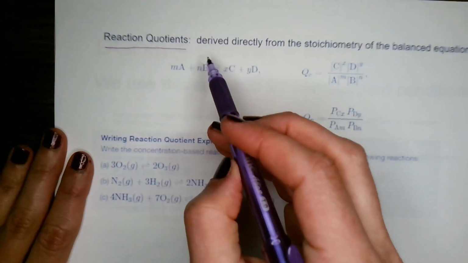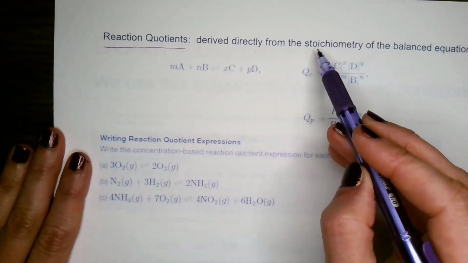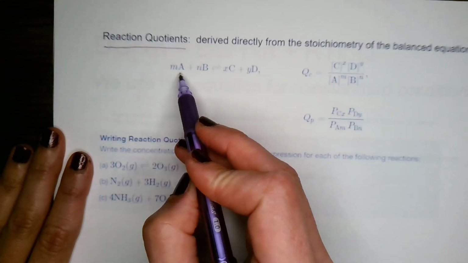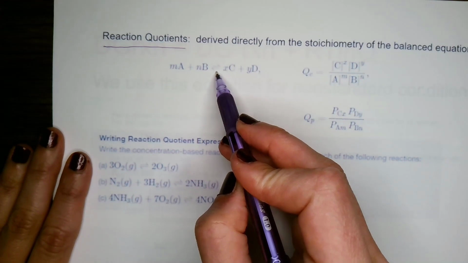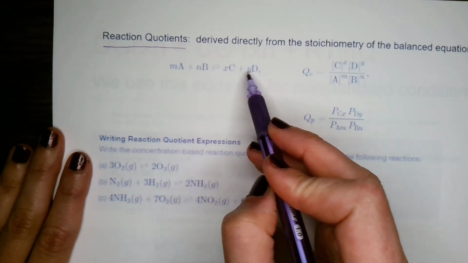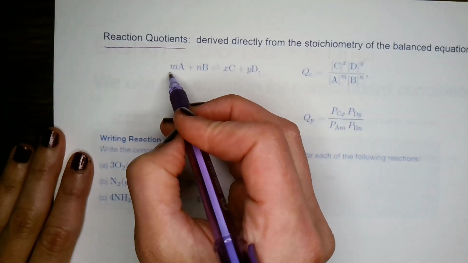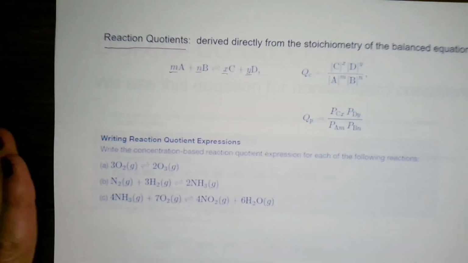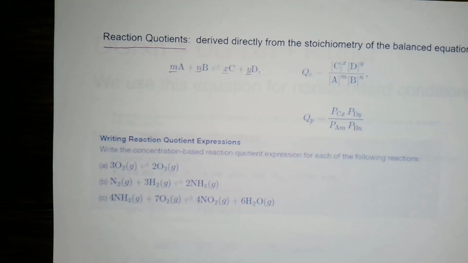We derive a reaction quotient directly from the stoichiometry of the balanced equation. So let's say that we've got A plus B reacts in dynamic equilibrium with C and D, and these little guys are the stoichiometric balanced coefficients for that problem.